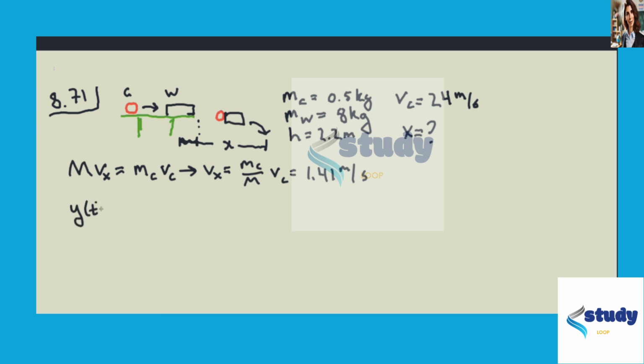That's pretty standard. It's going to be the initial position, and since we're going to have y going up being positive, just because that's how I felt like doing it, we'll have a negative sign here. Now there's no initial velocity in the y direction, so we don't need to include that. And then the acceleration is from gravity. And this should look familiar.